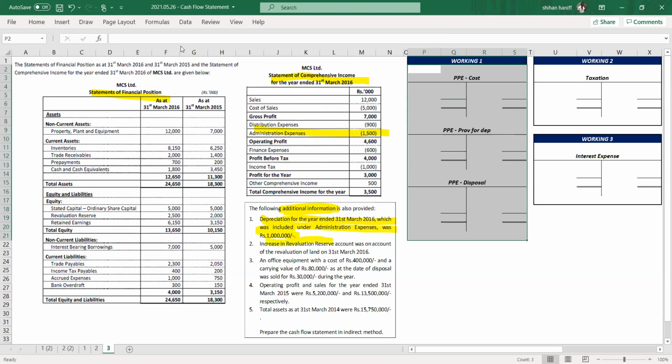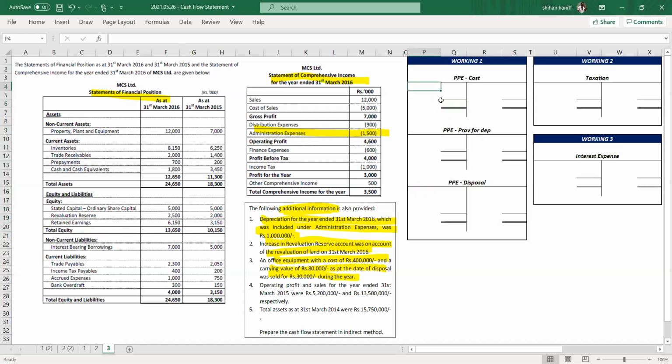Increase in revaluation reserve account was on account of revaluation of land on 31st March 2016. An office equipment with a cost of 400,000 and a carrying value of 80,000 as at the date of disposal was sold for 30,000 during the year. So these adjustments are related to the PPE.